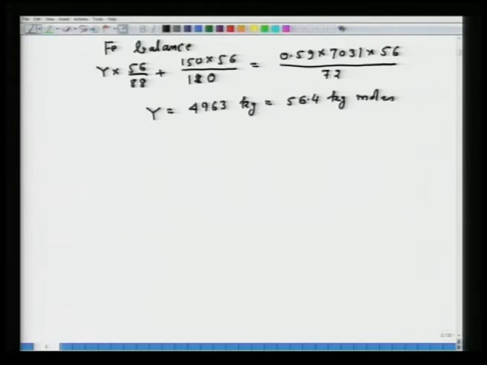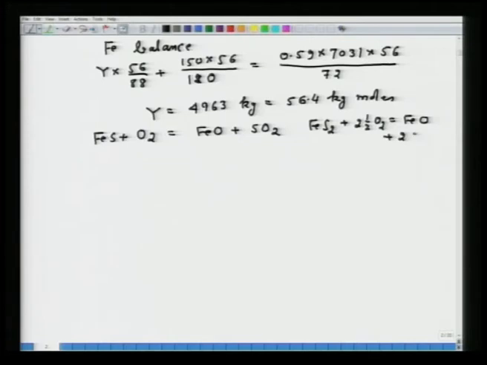Now, for the oxidation reaction you have FeS plus O2 gives FeO plus SO2, and we have FeS2 also, FeS2 plus 2.5 O2 gives FeO plus 2 SO2, because FeS2 is coming from the flux. So, we have to calculate both.